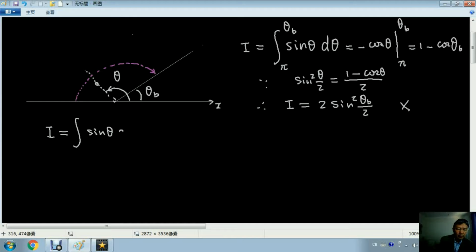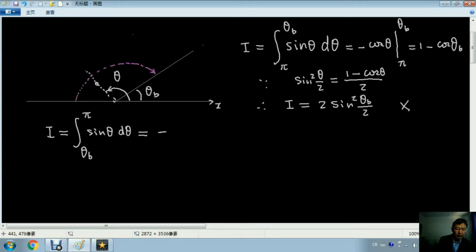We have to take into account our direction of theta. If we use theta from this side, the initial position should be theta b, and the final position should be pi. So this is a subtle difference. Let's look at what happened here.